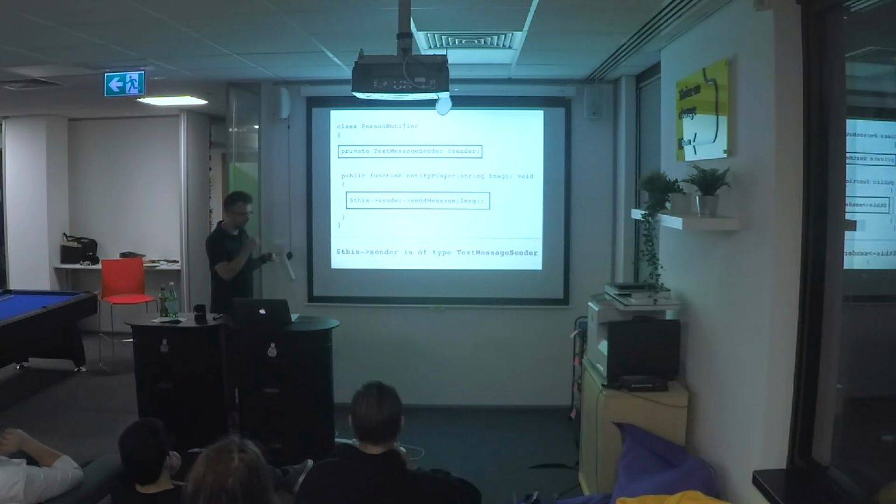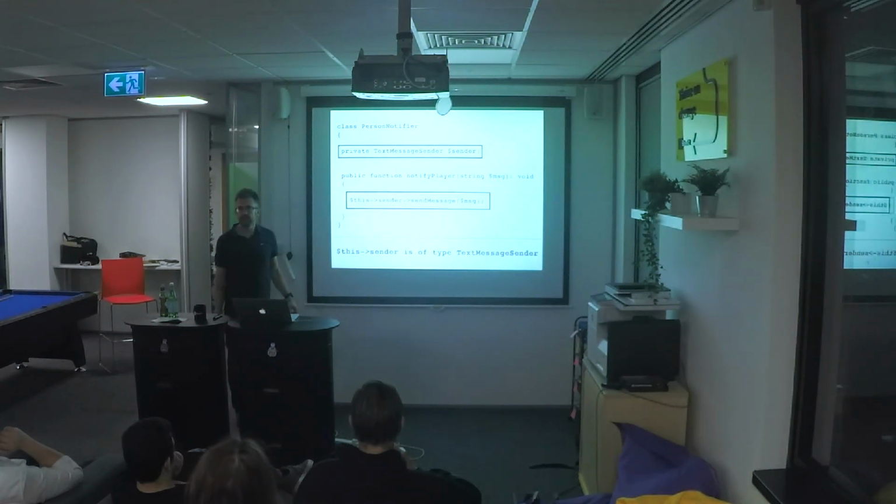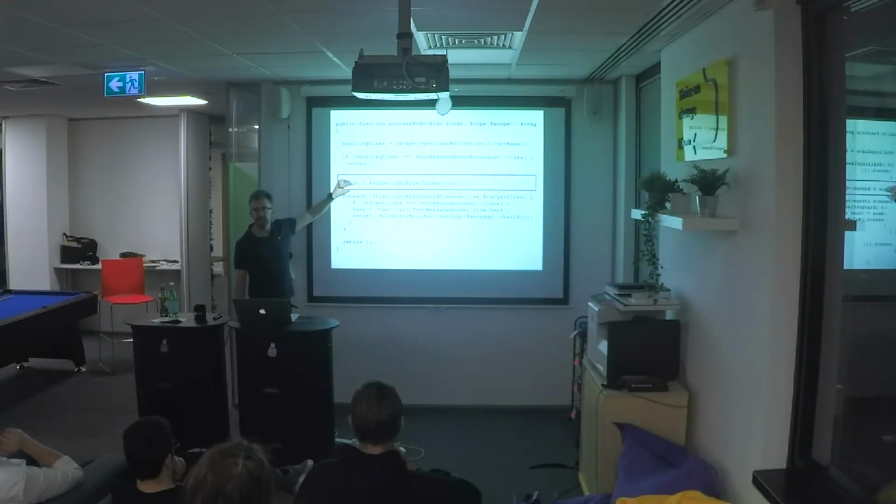So what's happened is PHPStan's been clever enough to know from here, I know that this sender is of type text message sender, okay? And maybe if this was in a different class, this sender could be something else, okay? So what we're doing here is we're getting the type of what that is.